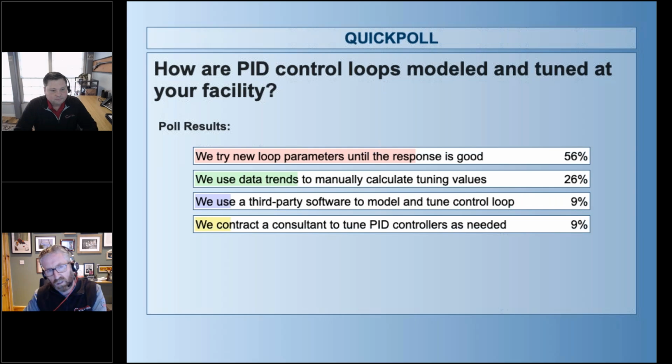Yeah, absolutely. Changing parameters until it's good is an age-old, tried and tested method. It can tend to leave processes perfect for where you are, but if the process moves at all, you'll go unstable very quickly. So it's fine if your system is very stable.